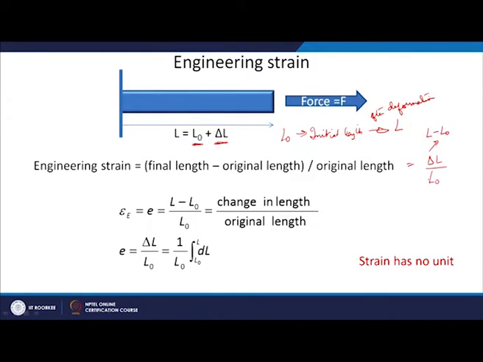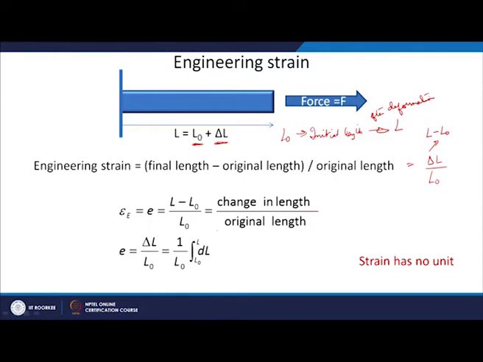divided by the original length. In mathematical terms I can write it as epsilon sub e, or just a small e, which is the engineering strain, equal to L minus L naught upon L naught. That is the change in length upon the original length, delta L upon L naught, as I told you.